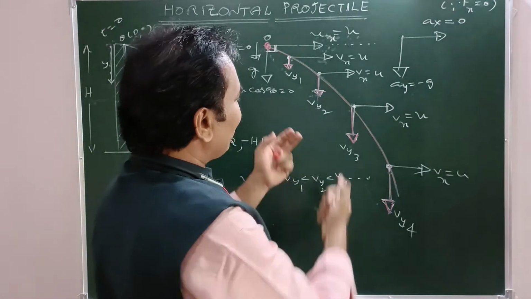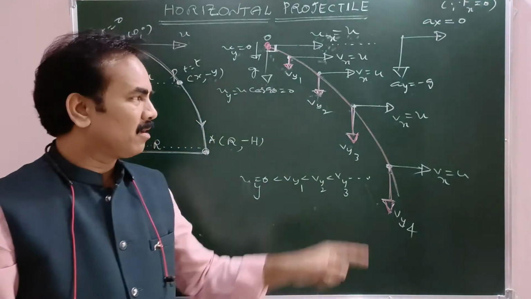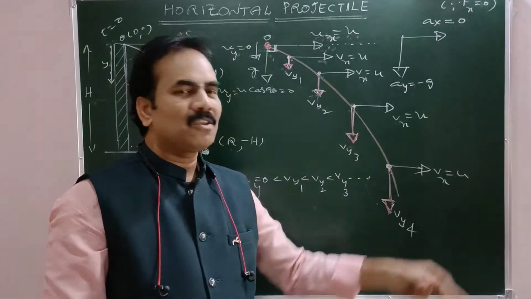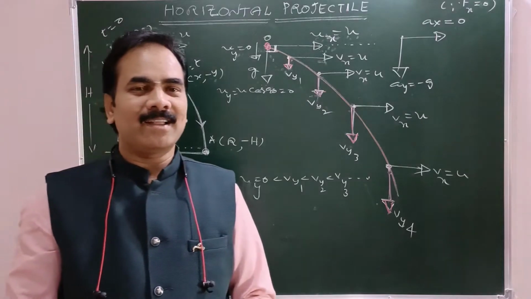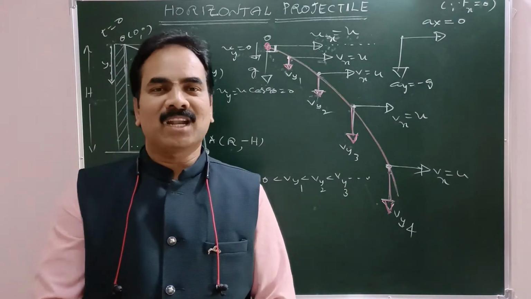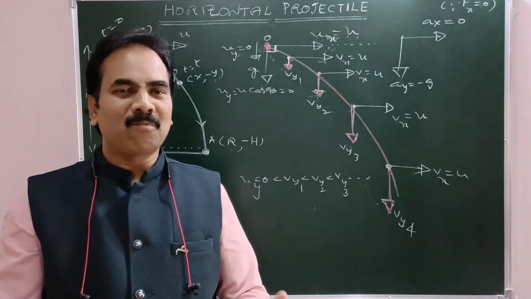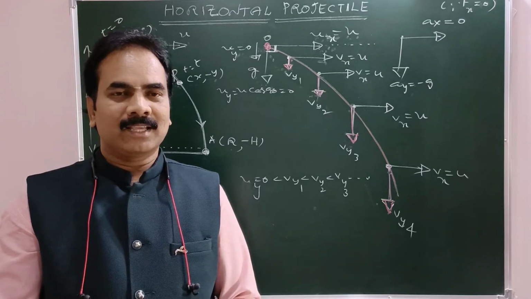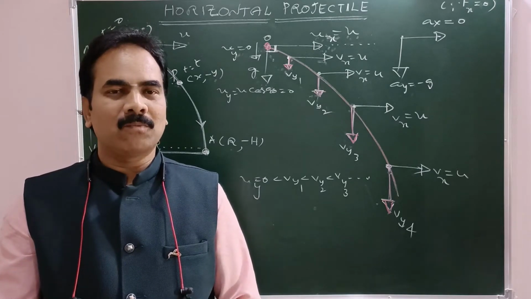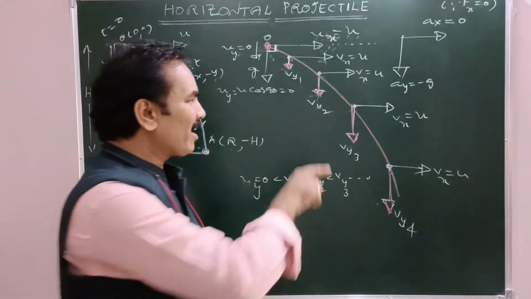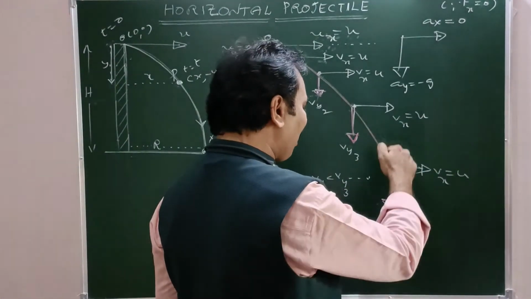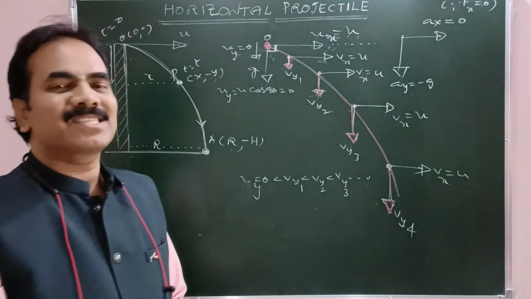The vertical motion is uniformly accelerated motion, whereas the horizontal motion is uniform motion. So in this case, when a body is projected horizontally from the top of a tower, the motion of that body is to be taken as a combination of two mutually perpendicular 1D motions. One is along the x-axis, uniform motion, and the other is along the y-axis, uniformly accelerated motion.